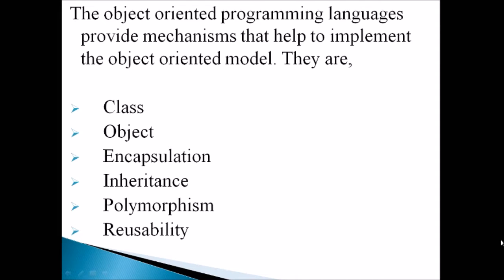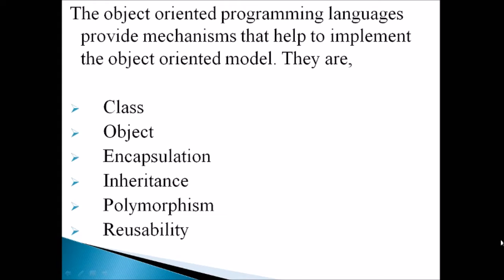If we consider any object-oriented programming languages, it may have some set of basic concepts. So it may provide some basic concepts to implement the object-oriented model. Generally, all the object-oriented programming languages have a constant set of basic concepts known as object, class, inheritance, encapsulation, polymorphism, dynamic binding, message passing, likewise, isn't it?